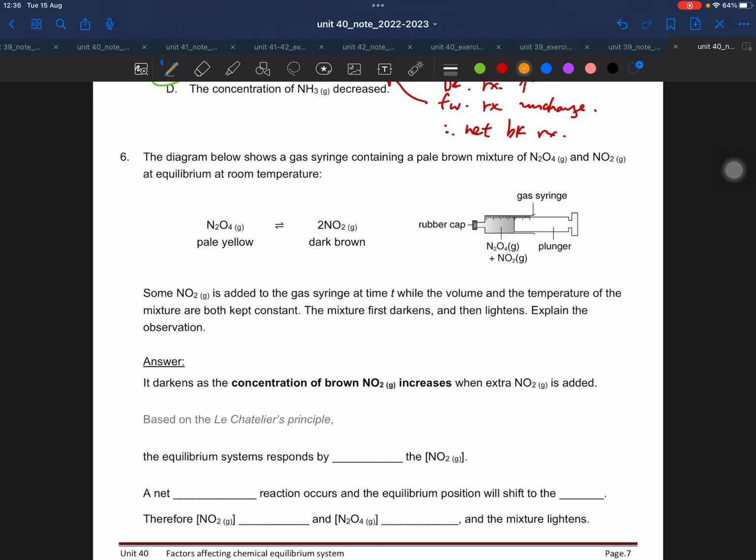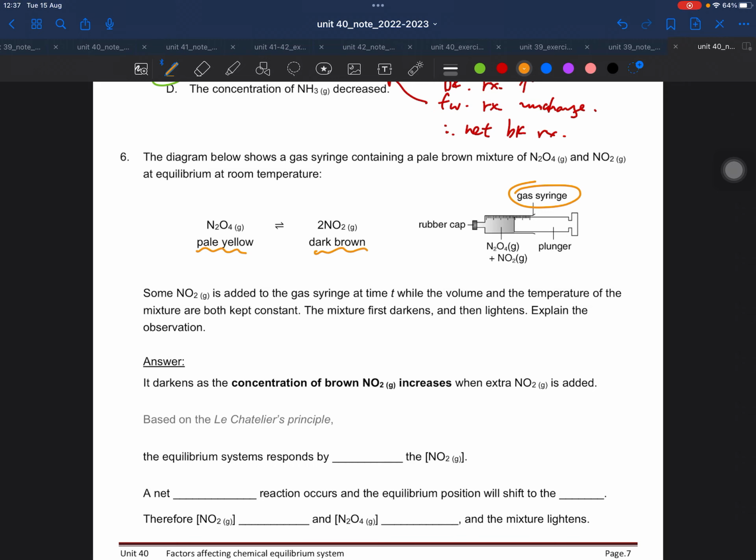Okay, question 6 is complicated because it is asking about two areas of knowledge. Don't forget we need time to achieve equilibrium. Always keep in mind that time is needed to achieve equilibrium. So you are given a syringe containing some gas which is pale yellow and dark brown.